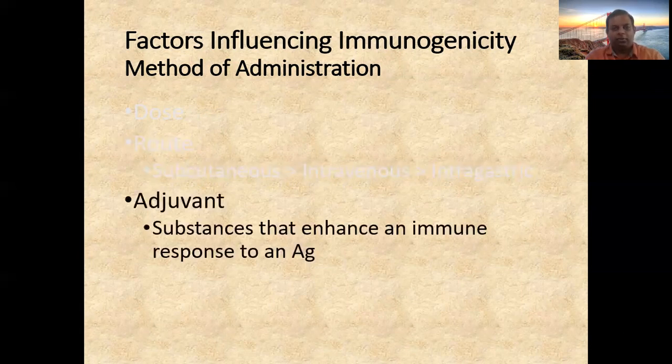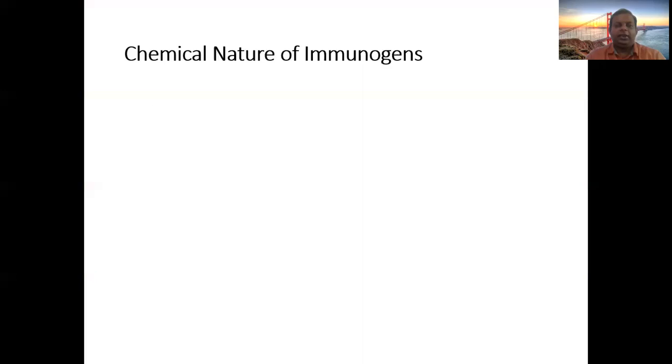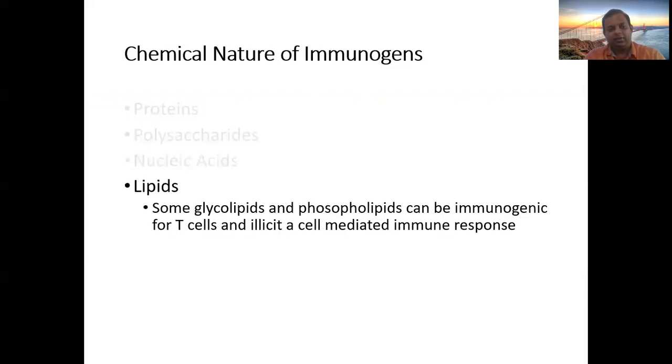Adjuvant: substances that enhance an immune response to an antigen. So in vaccination we use adjuvants like alum. Chemical nature of the immunogen: proteins are much more immunogenic compared to polysaccharides, nucleic acids, and lipids. It's a descending order.